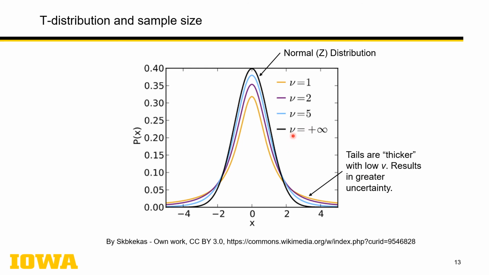You can see as the degrees of freedom increase, so an n of 20, for example, will give you a degrees of freedom of 19. You go up to an n of 100, degrees of freedom are 99. You see the difference between the observations and the degrees of freedom gets less and less, in a sense, relative to the number of observations. And you ultimately get back to the normal z distribution, which is here in black.